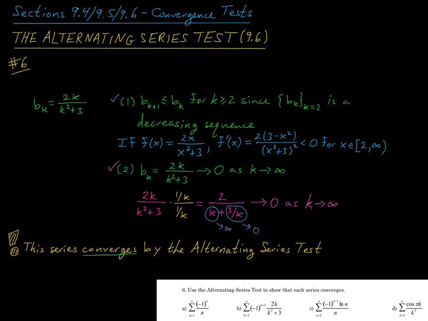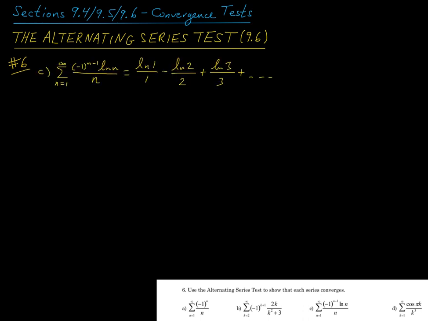test. Now let's check out part C. We're looking at the sum of (-1)^(n-1) times the natural log of n all over n, and n starts at 1. Here are the first few terms.